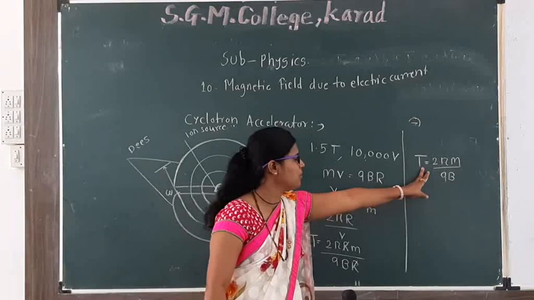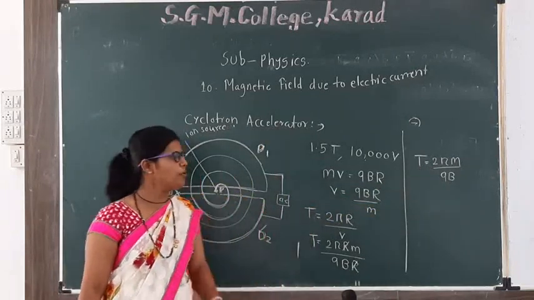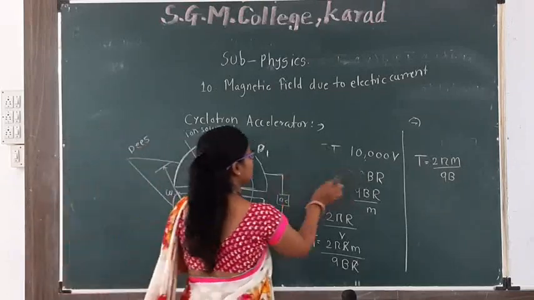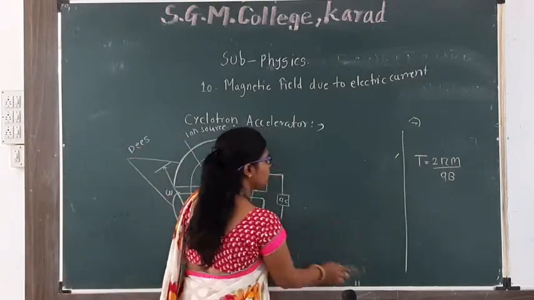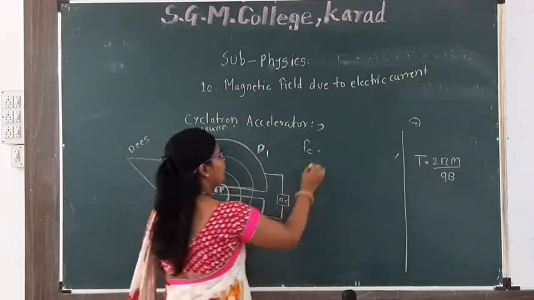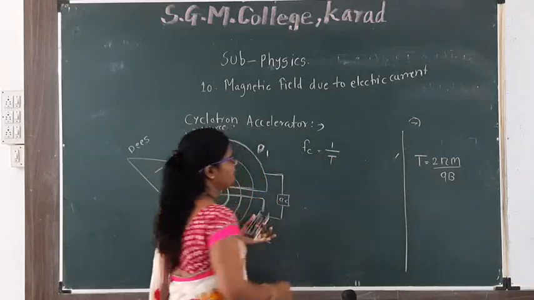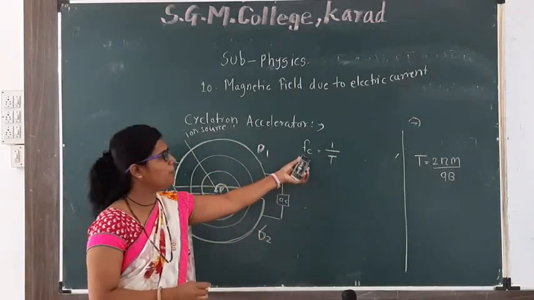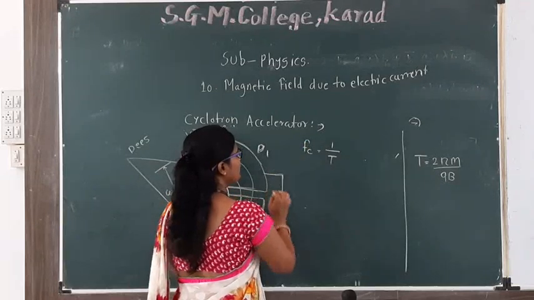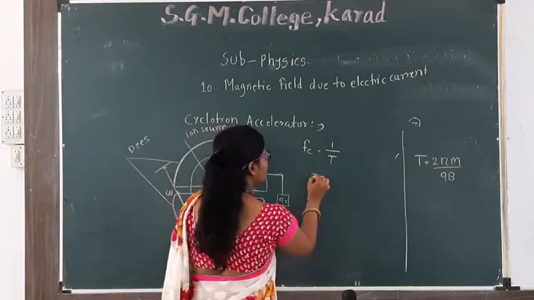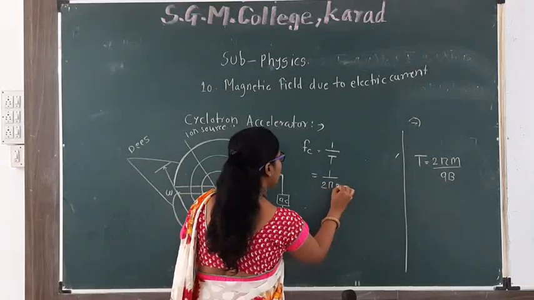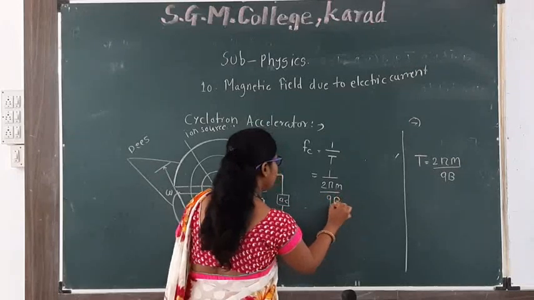Now, the frequency of revolution. How to calculate it? The frequency of revolution, Fc, the frequency of the cyclotron, is the reciprocal of the time period, so Fc is equal to 1 upon 2 pi m upon QB.